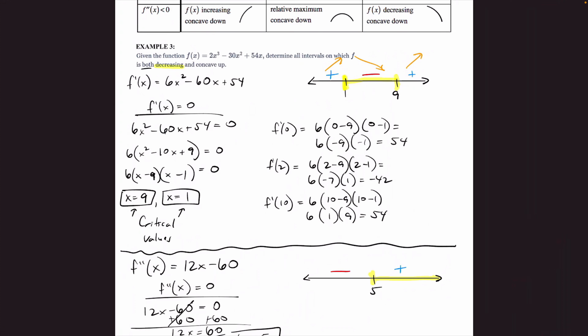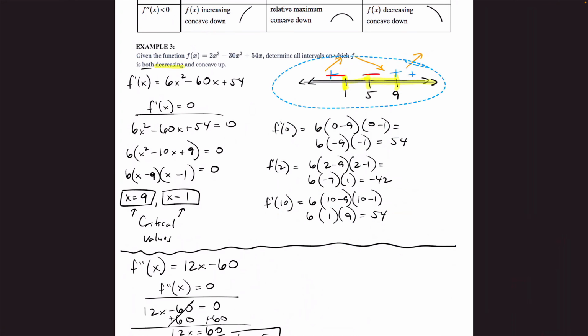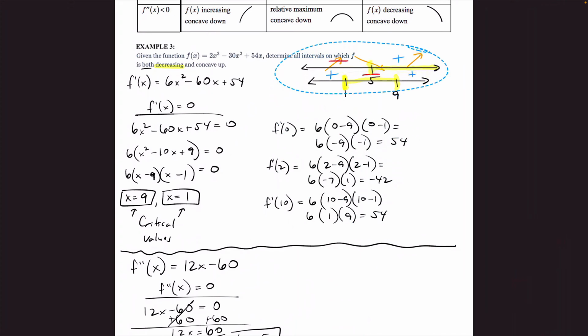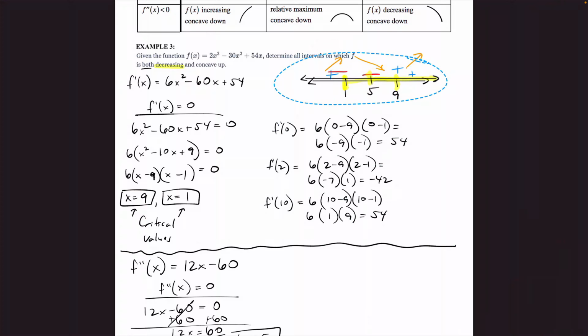You have to do this in your head and figure out where the yellows line up on top of each other. 5 to 9.